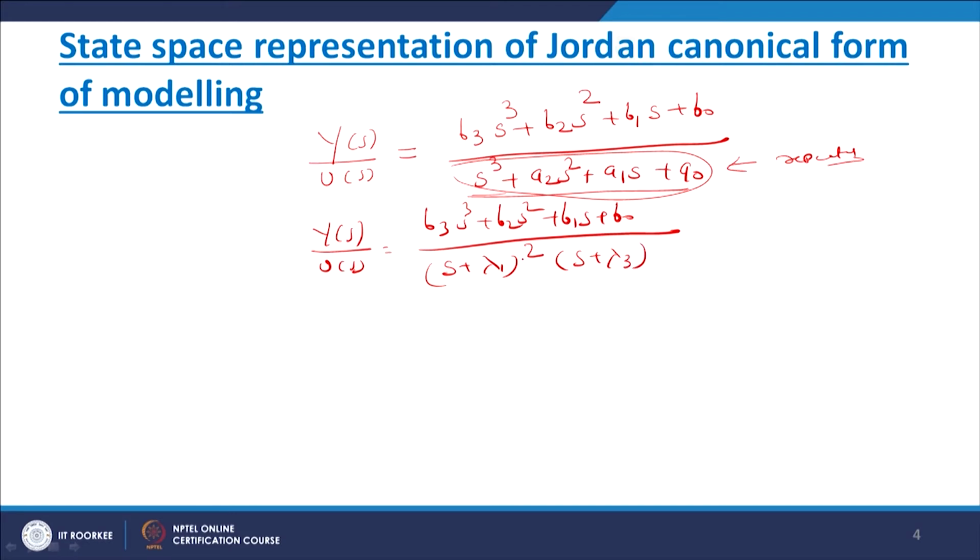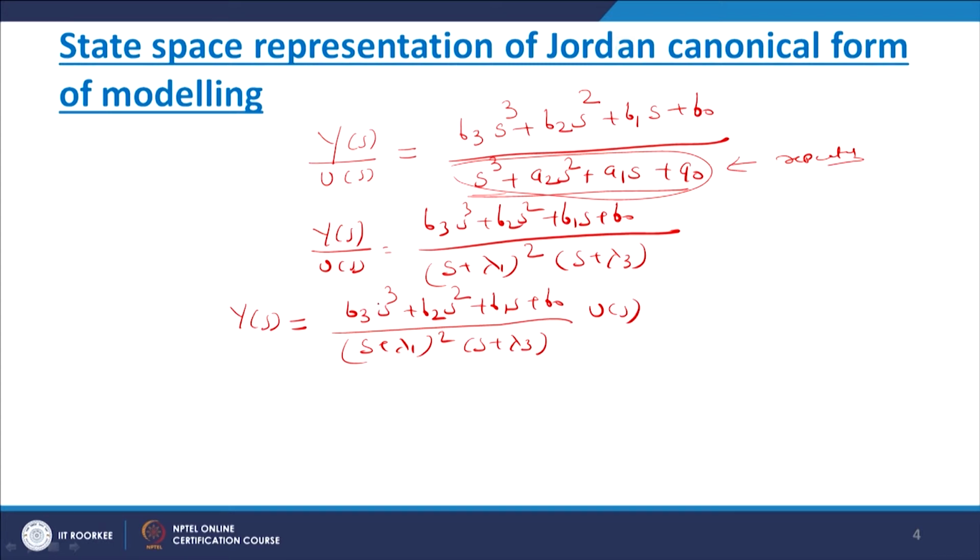Here (s plus lambda 1) square means there are two roots that are repeated, and another root is s plus lambda 3. Finally we write this equation as Y(s) equal to (b3 s cube plus b2 s square plus b1 s plus b0) divided by (s plus lambda 1) square into (s plus lambda 3), into U(s).